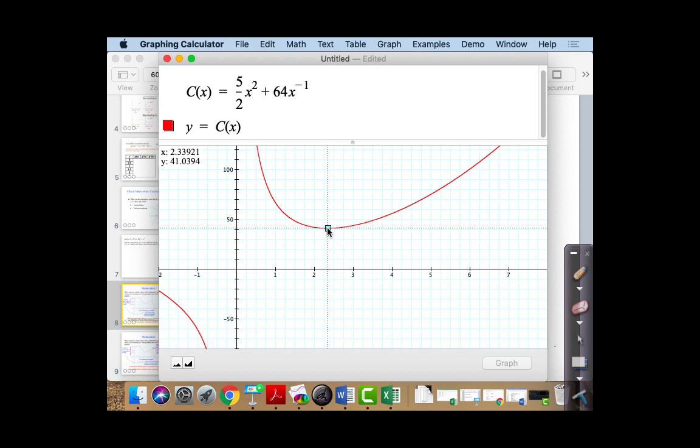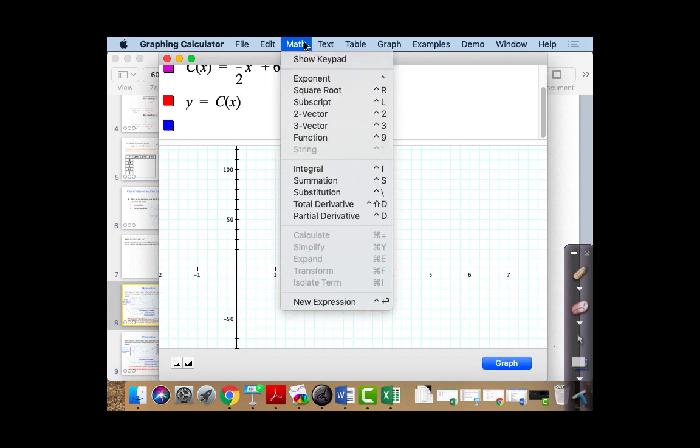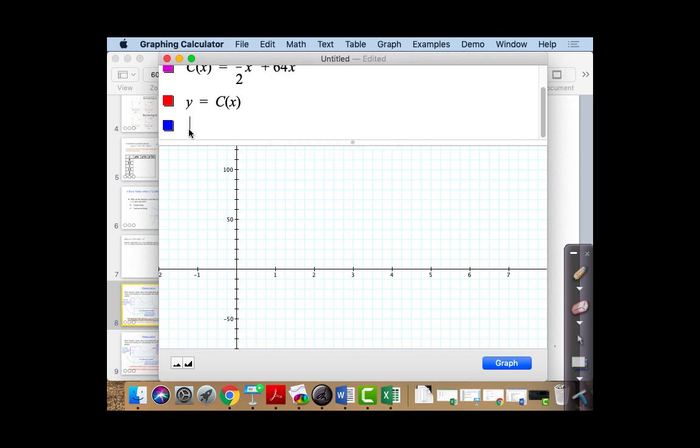So cube root of, let me do it this way, let's see, do it the old-fashioned way, 64 over 5 to the 1/3 power, 2.33921.